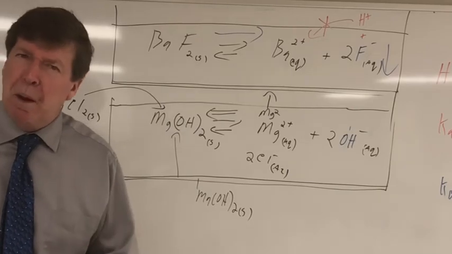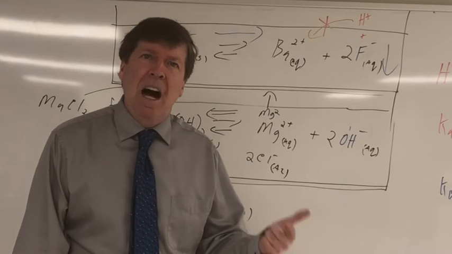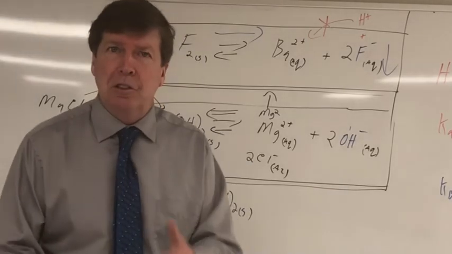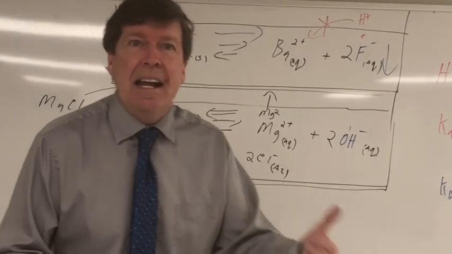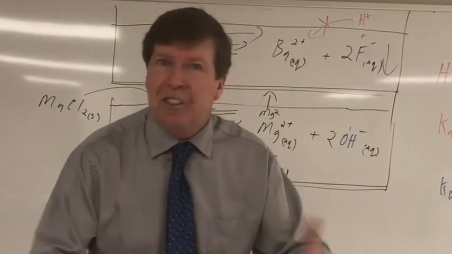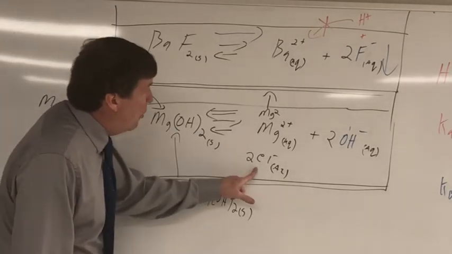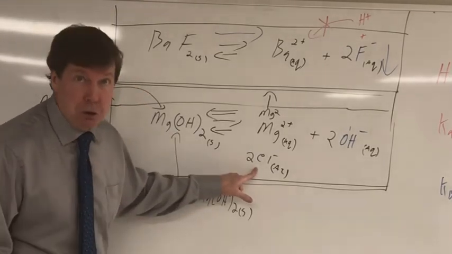It's neutral, remember? Cl minus is the conjugate base of hydrochloric acid. Hydrochloric acid is a strong acid, so its conjugate base, Cl minus, is going to be negligible. So that has no effect because that's neutral.